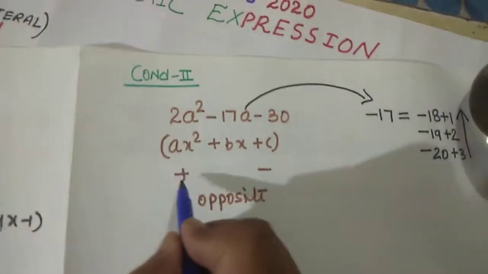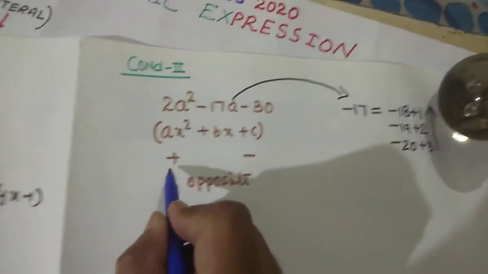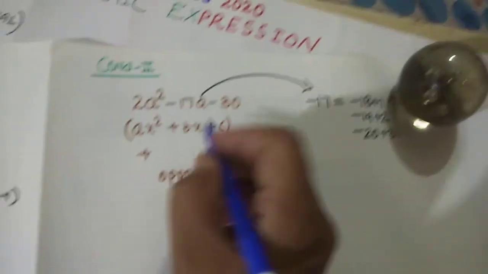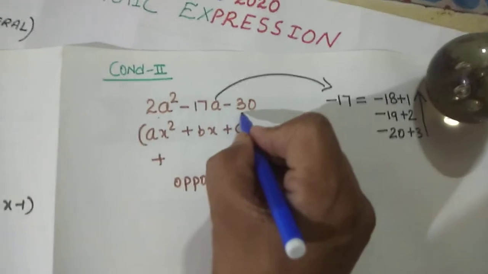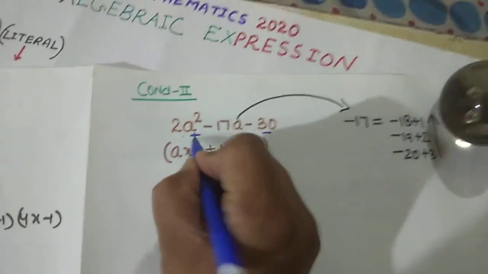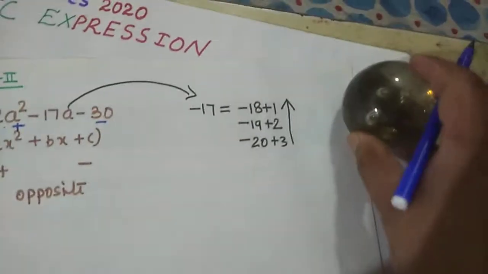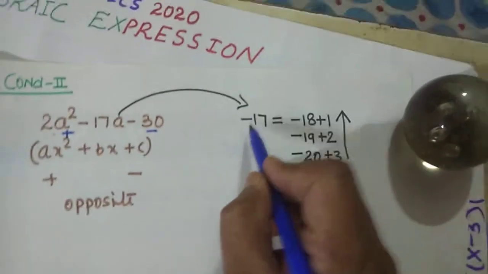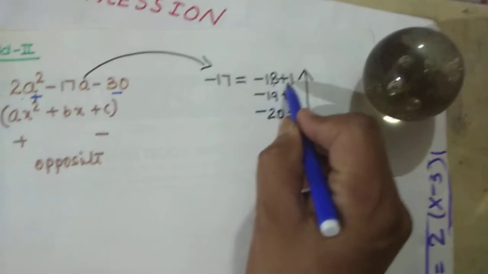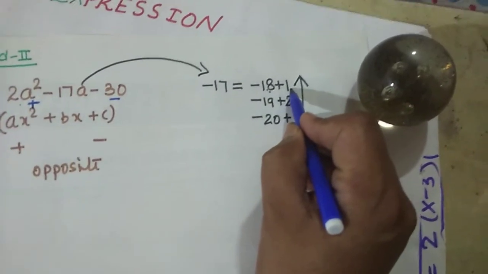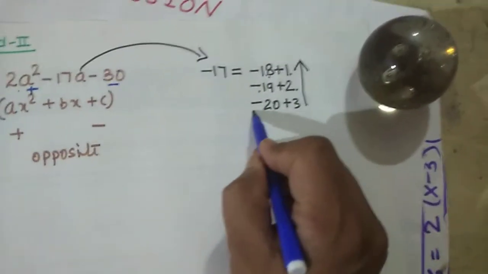Second condition: if the first is plus and the second is minus, or the first is minus and the second is plus. In this, 2a square minus 17a minus 30. Check here, this is minus, this is plus. So 17 should be in the upward direction. So for 17, the first sign stays as it is, P is minus, so minus 18, and the second one is opposite, plus 1. Minus 19 plus 2, minus 20 plus 3.